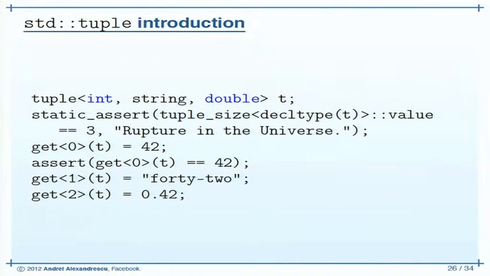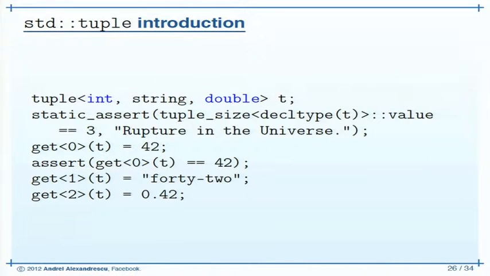Let me just give you a short introduction to std::tuple. Let's say we have a tuple of int, string, and double, and we can assert that tuple_size of the tuple's type is 3. And then here's something interesting. get<0>(t), you can assign to it, which is this int.